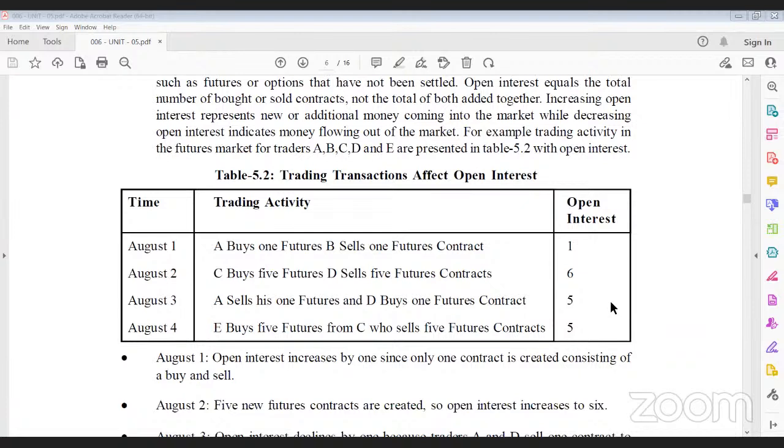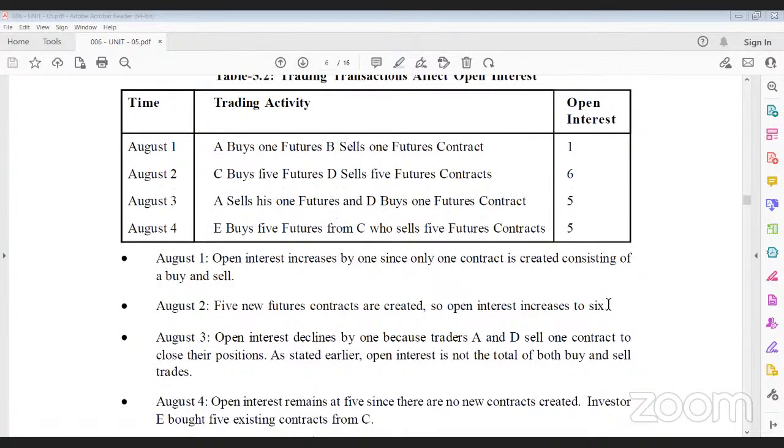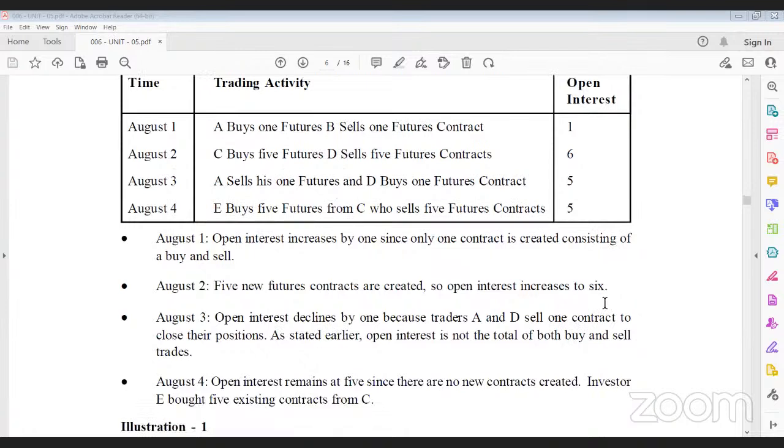Then on August 2, C buys 5 futures and D sells 5 futures contracts, and the open interest is 6. Here we can interpret that in the August 2nd transaction, 5 new contracts are created, so open interest increases to 6.